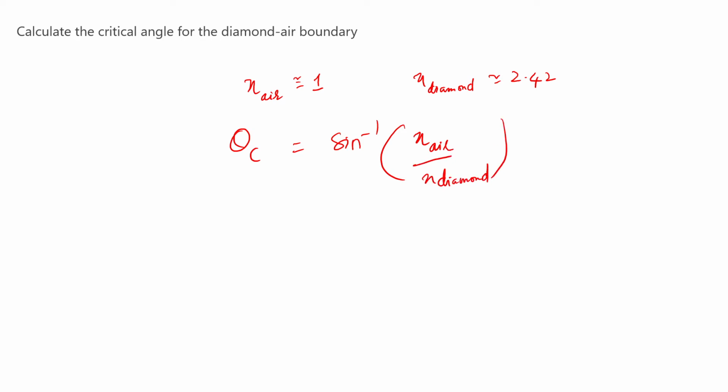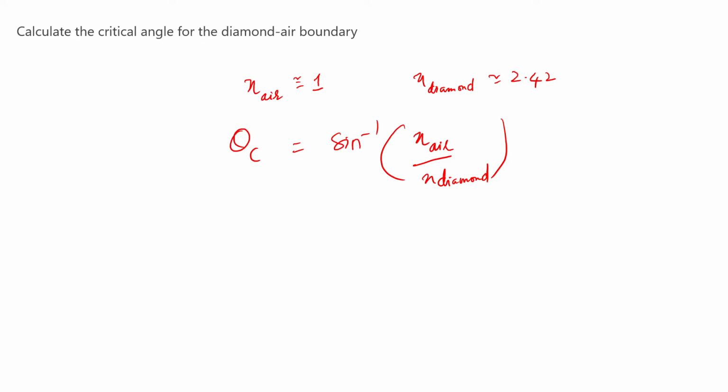Note that if you are going from diamond to air, you cannot have a critical angle, because diamond has a refractive index of 2.42, right? It's a denser medium. There you increase the angle of refraction with respect to the normal as you're going from a less dense medium to a denser medium, right? Or rather, sine inverse of 2.42 does not exist.